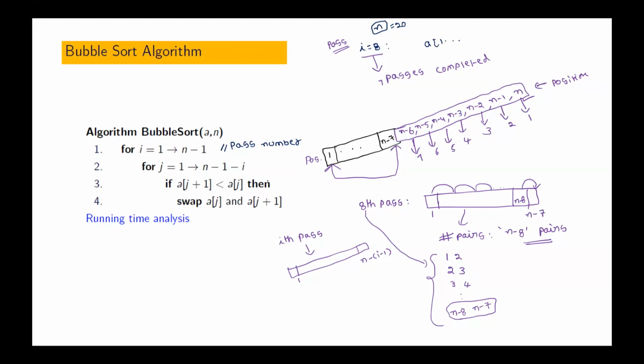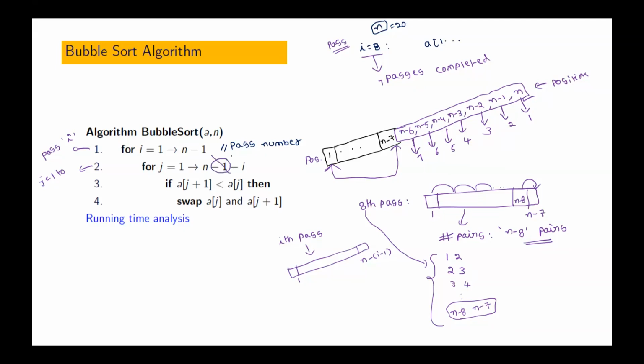Okay. Now accordingly, what is the algorithm? In each pass i, the J value varies from 1 to n minus i.